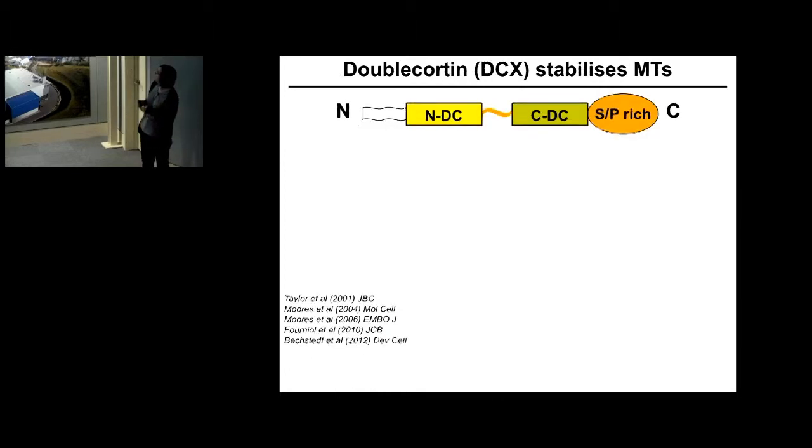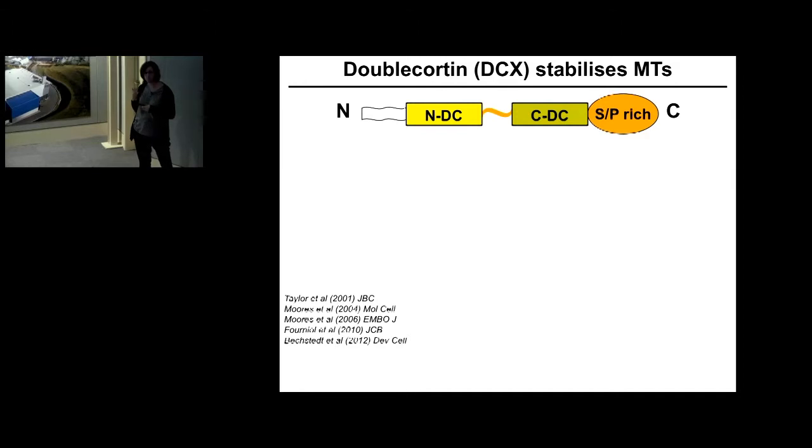In terms of what the protein actually looks like, one of the very striking observations about the original characterization of Doublecortin as a regulatory protein in neurons is that neurons are really full of different types of microtubule regulatory proteins.